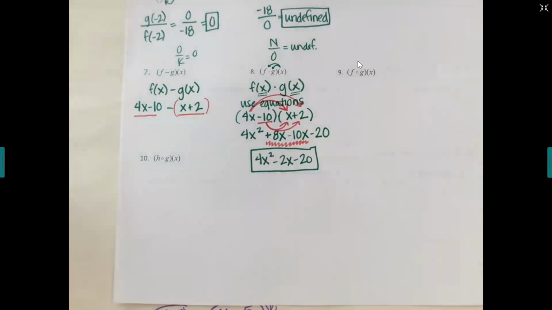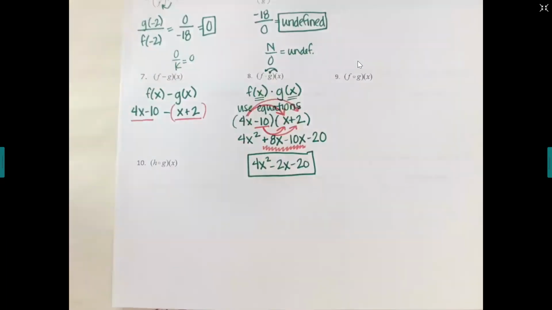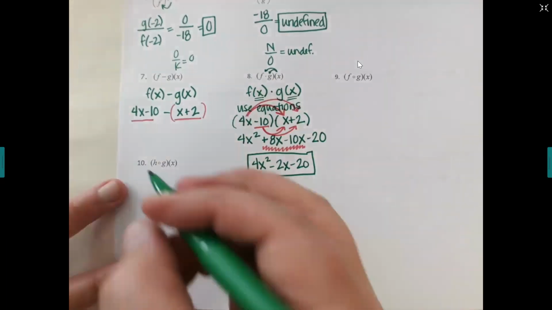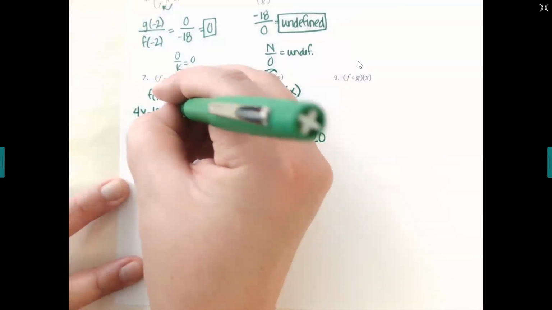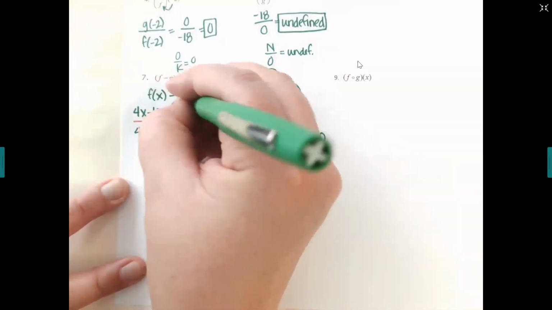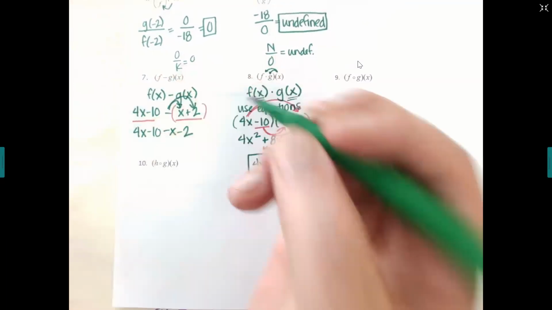Okay? And then from there, can you do it? So it'd be, you want to do it? Or you got it? So it'd be 4x minus 10. And then a minus on the x, and then a minus on the 2. Okay?